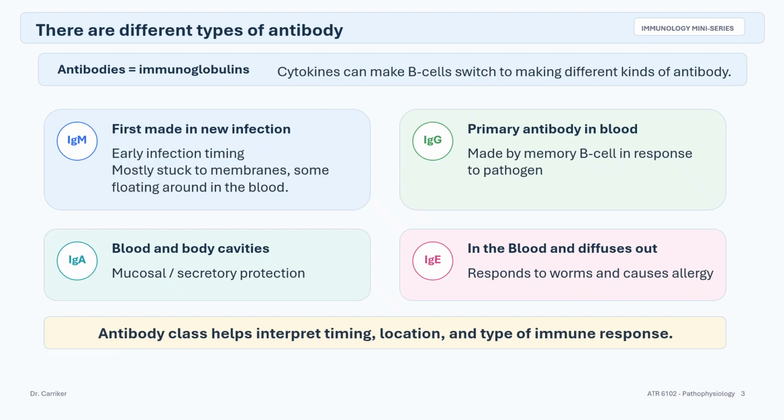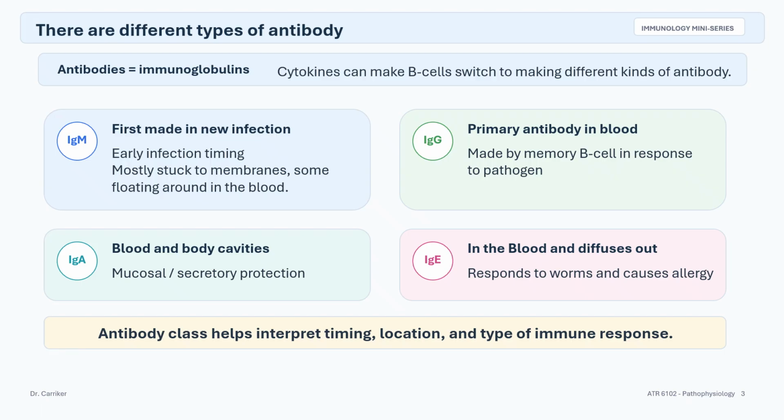Remember, IgA sneaks into the body cavities, the airway or lungs, the gut, the bladder. Its primary effect is to prevent infections that come into these areas from the outside world. Breastfeeding, again, as a reminder, would yield primary IgA to the infant, but this can also help to protect the digestive tract and the mucous membranes.